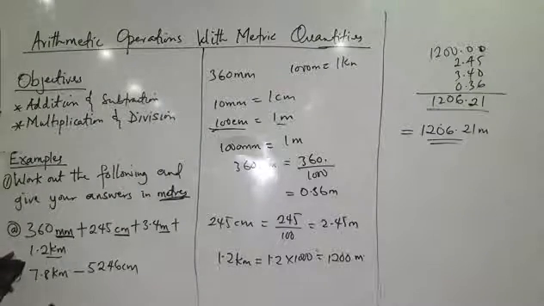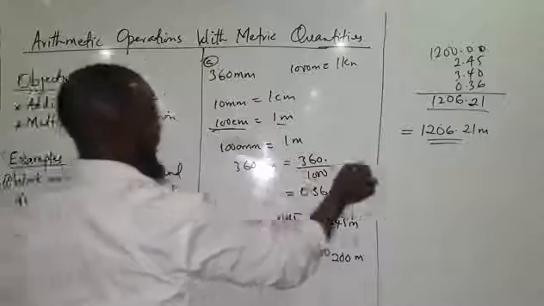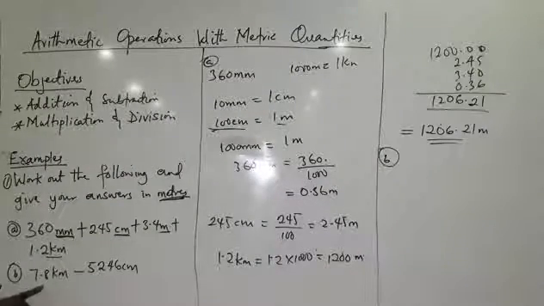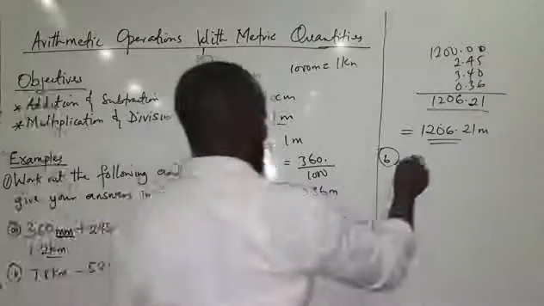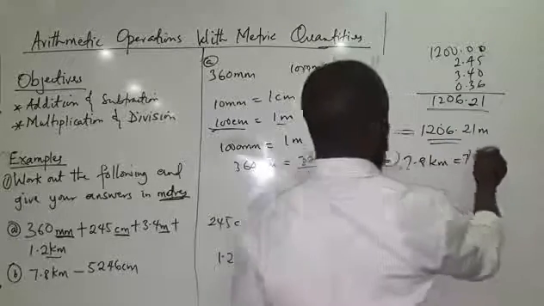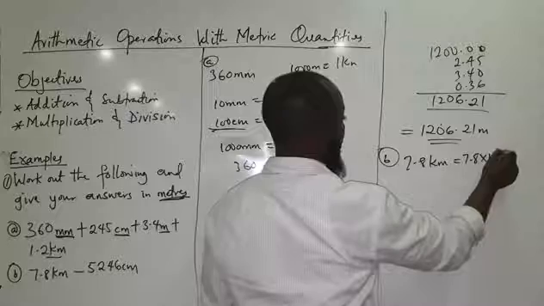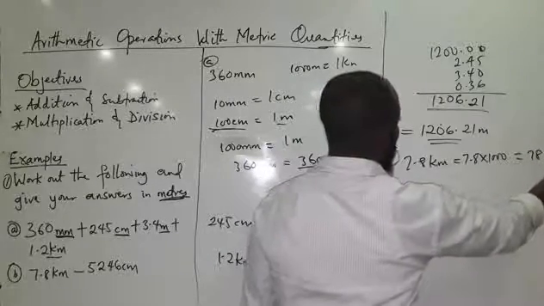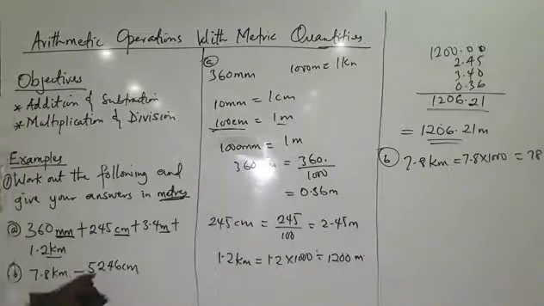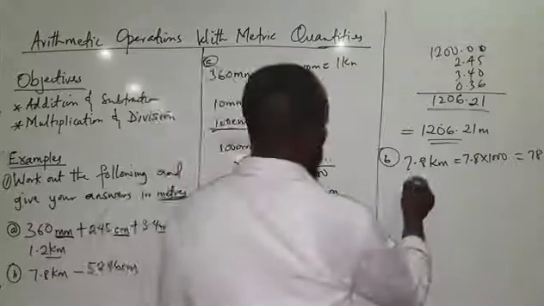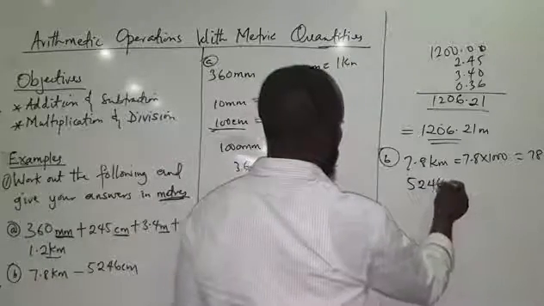Then for the part B here, we are also taking this one to meters. So 7.8 kilometers converted to meters is 7.8 multiplied by 1000, which gives us 7,800 meters. Then we have 5,246 centimeters.